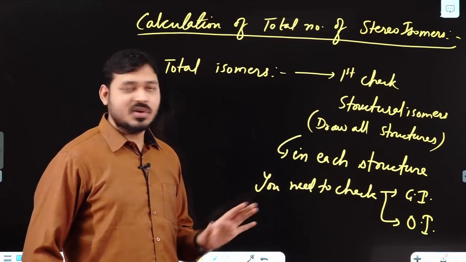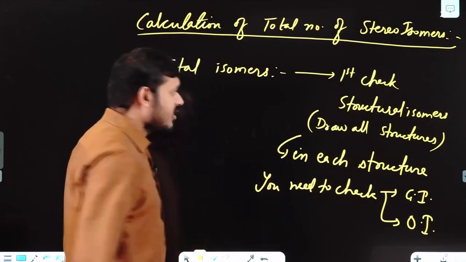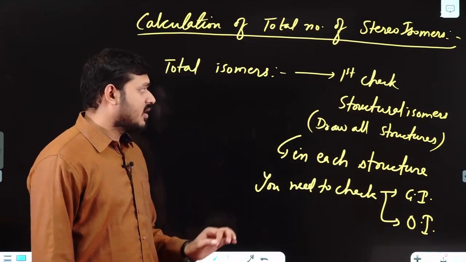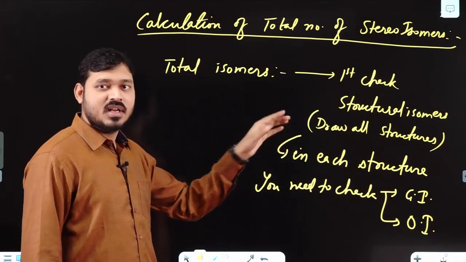This is the way you have to check the total number of isomers. So first check structural isomers, then find.